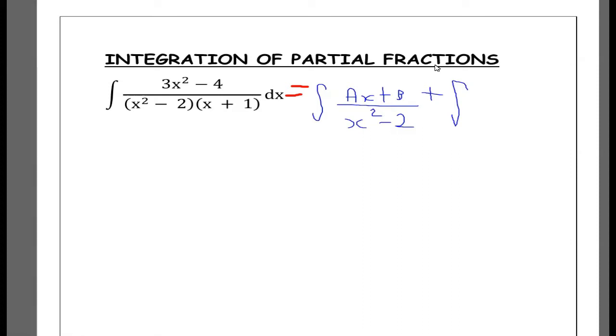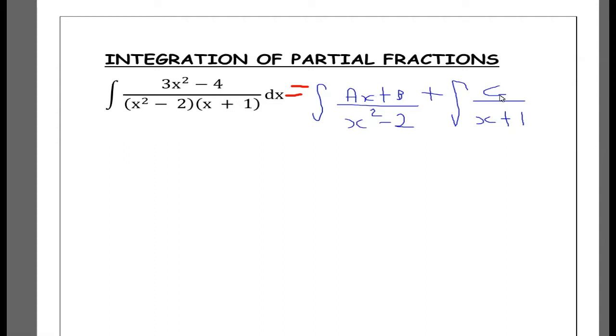So before we can do integration by partial fractions, we need to know how to break up this thing right here into partial fractions itself. So that is what we're going to look at now. We're going to look at how to break this up into partial fractions.